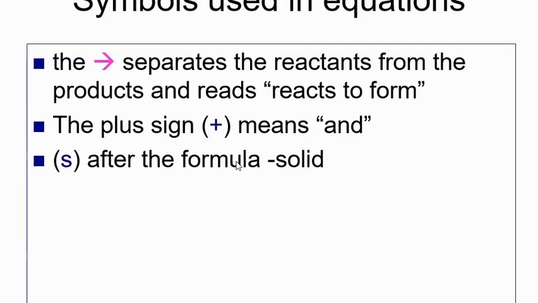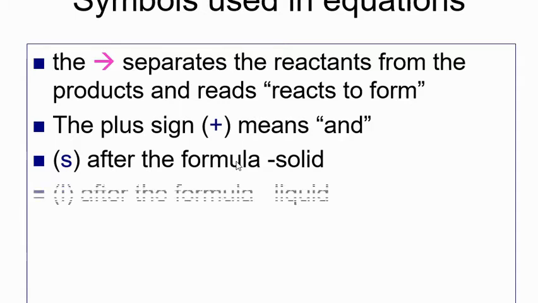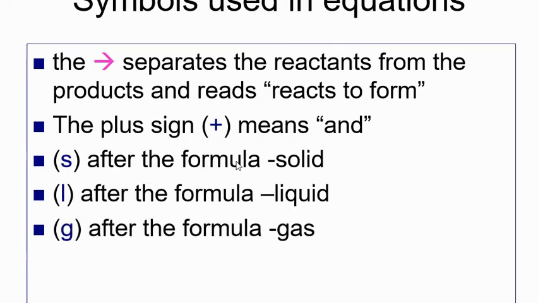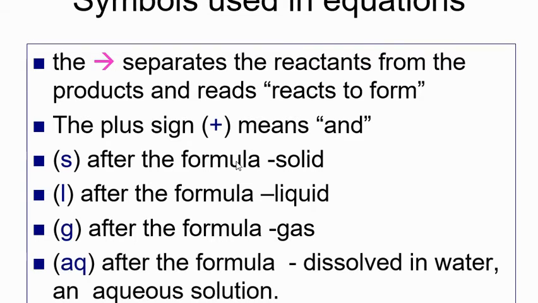An S in parentheses means that whatever it is we're dealing with right there is a solid. An L after a compound means it's a liquid. A G after a compound, in parentheses still, means it's a gas. AQ means aqueous.